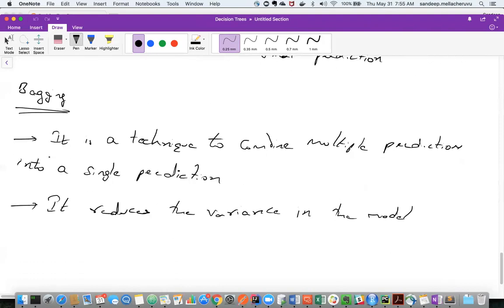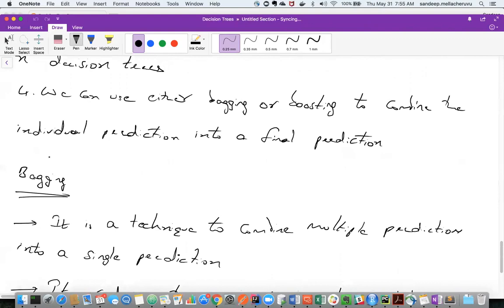What I'm doing in bagging is simply taking the majority voting. If the majority of the times I'm getting the same prediction, it means that even after changing the training data set, I'm most likely going to get the same answer.